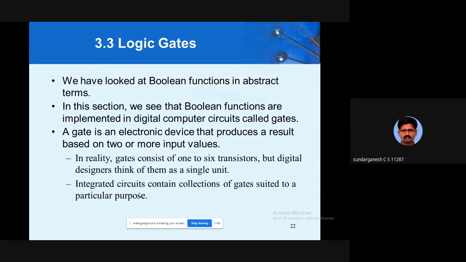In reality, a gate consists of 1 to 6 transistors, but the digital designer thinks of it as a single unit. Integrated circuits contain a collection of gates suited to a particular purpose.